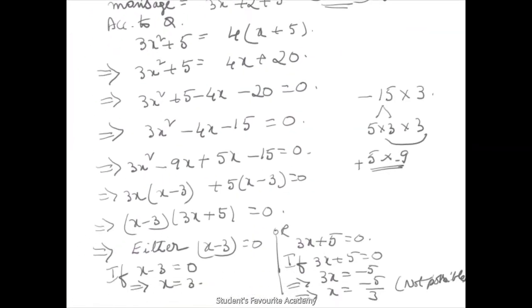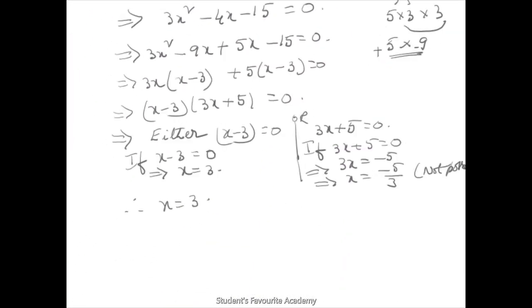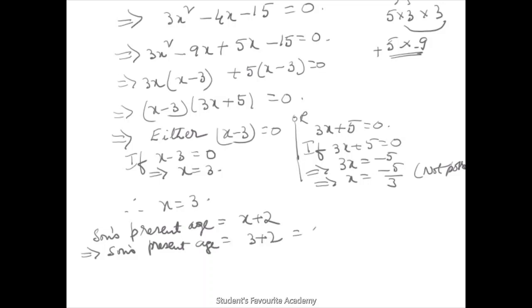So sun's present age is equal to x plus 2, which implies sun's present age is equal to 3 plus 2, that is 5 years.